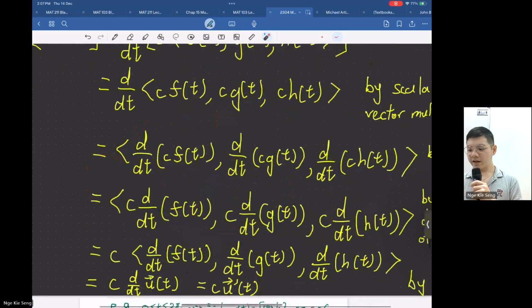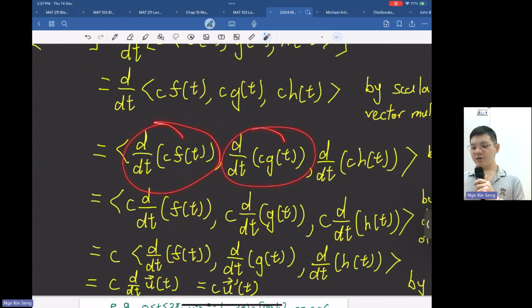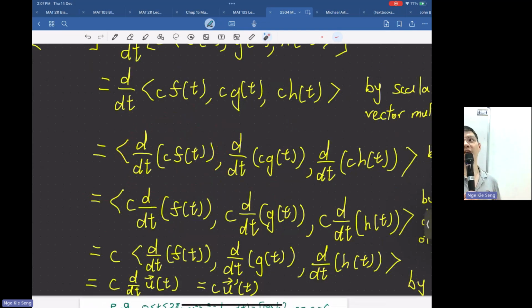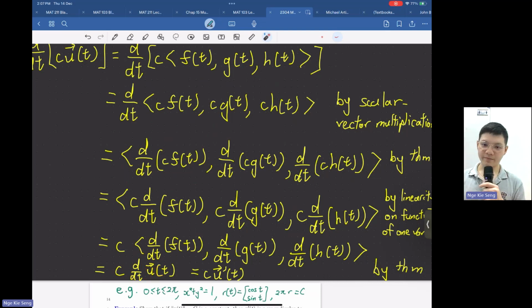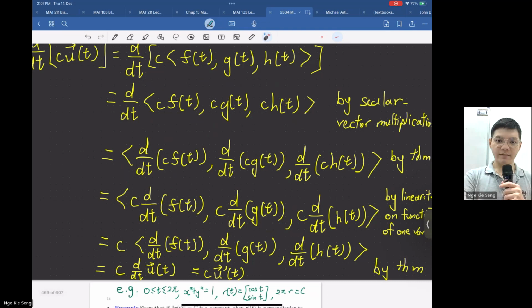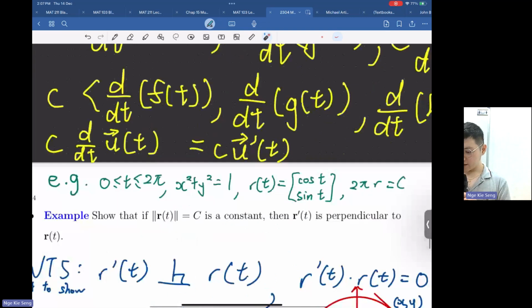Inside here, you are differentiating a real value function, but the operator is linear with the real value function. So you can bring the scalar up again, and then you can bring all the way out. You will get the constant multiplied by the derivative of the vector function u. So you can bring the c out.